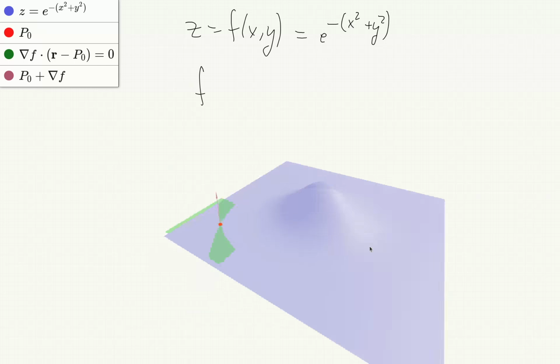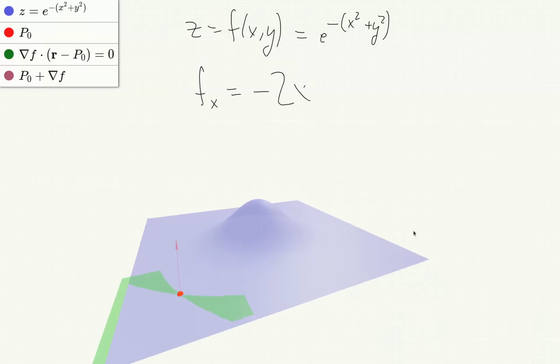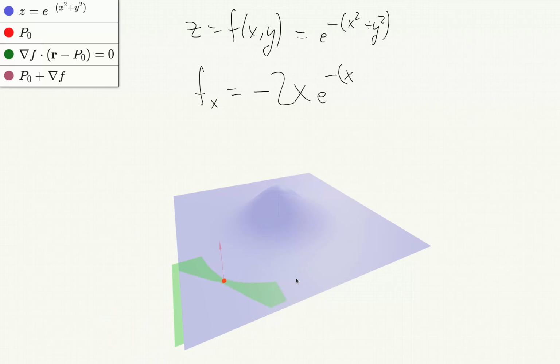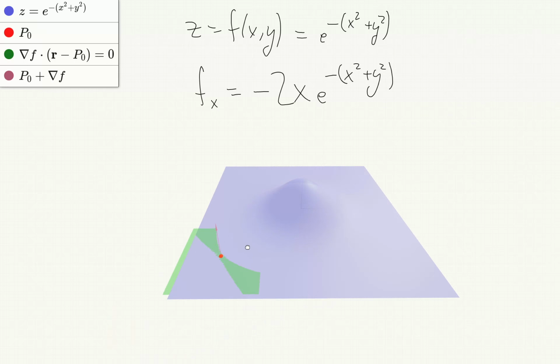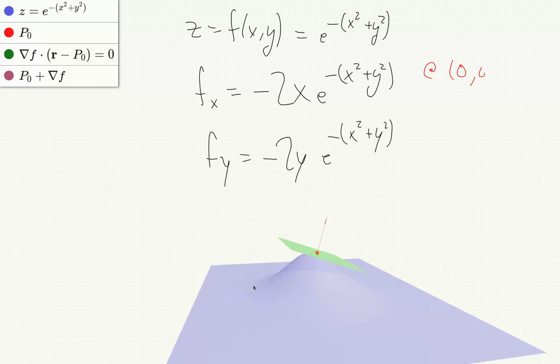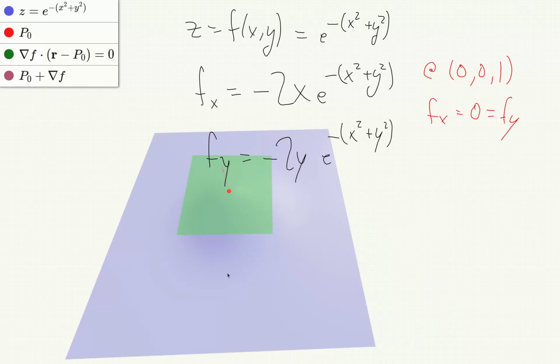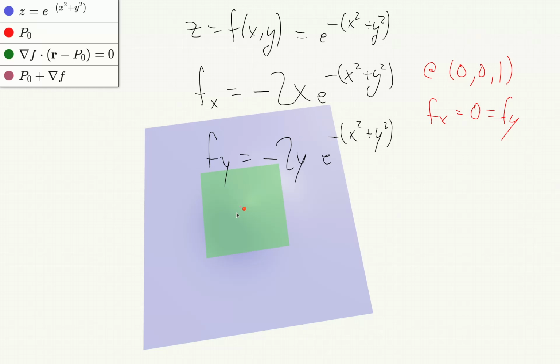So in this case, we have fx equals, I guess, negative 2x e to the negative (x squared plus y squared), and fy equals negative 2y e to the negative (x squared plus y squared). So if we evaluate this, for instance, at the origin or above the origin, so at 0, 0, 1, we get fx equals 0 and fy is also 0.